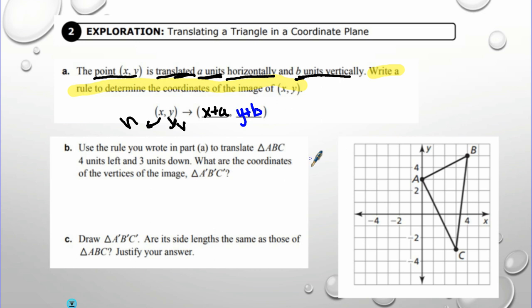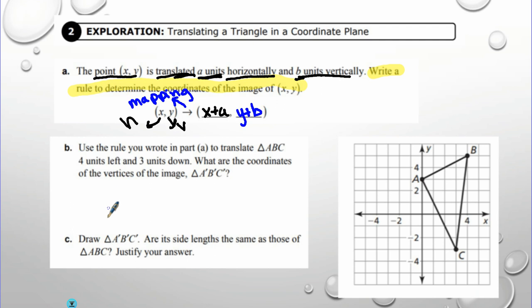And I'm finished. This little arrow right here means mapping. So I took this point and mapped it to this point. I added A to the X value, and then I added B to the Y value.